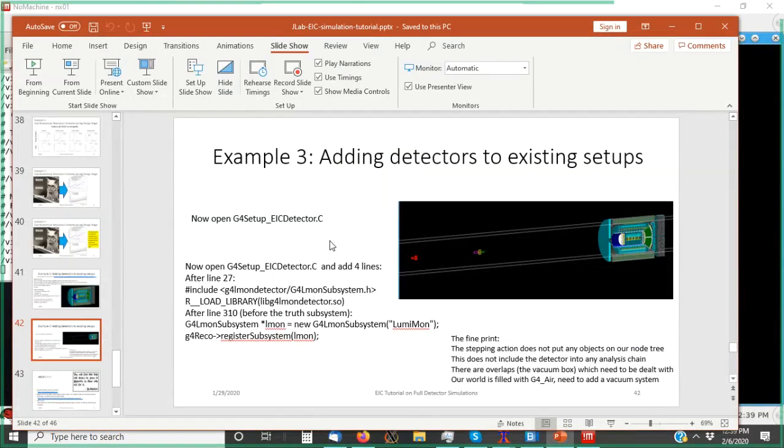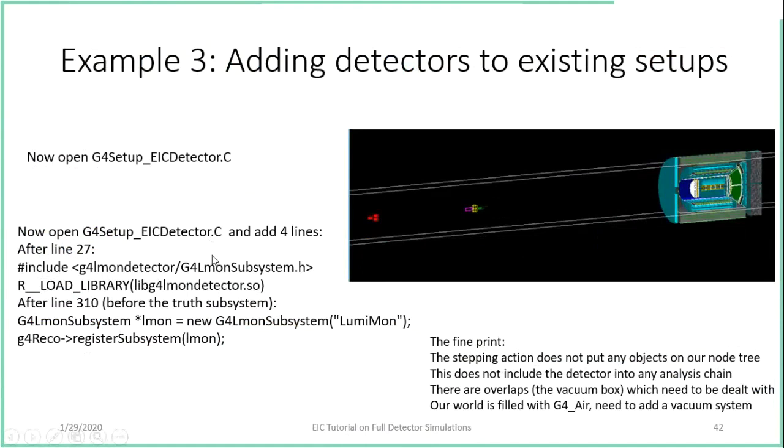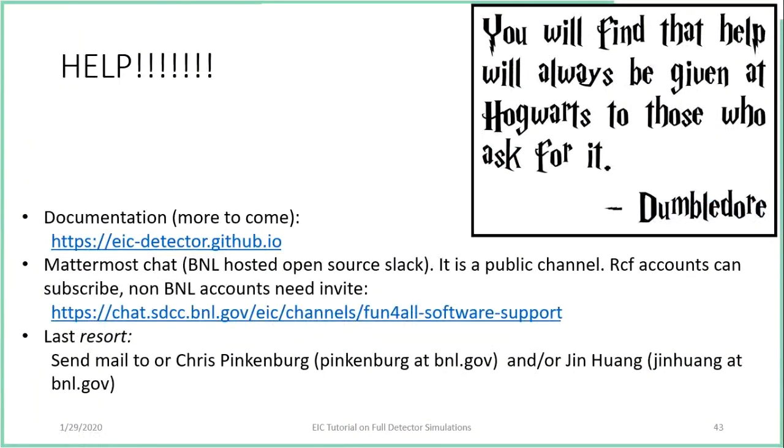Okay, let me wrap this up. So, how to get help. We start with the documentation. So that was the links sent around. This is where you find the example codes. We use Mattermost as chat.